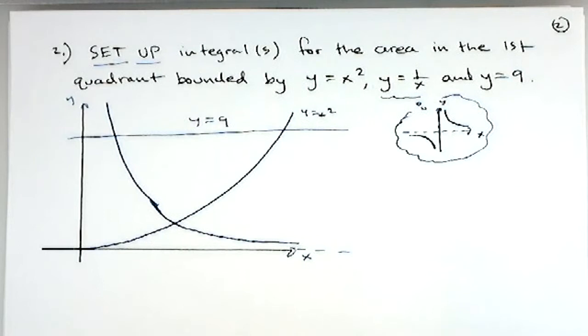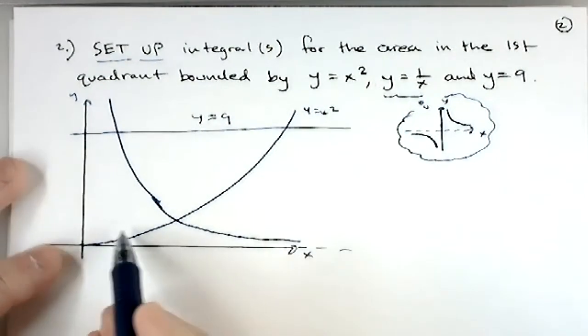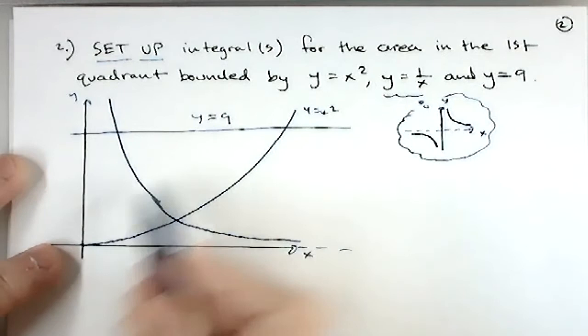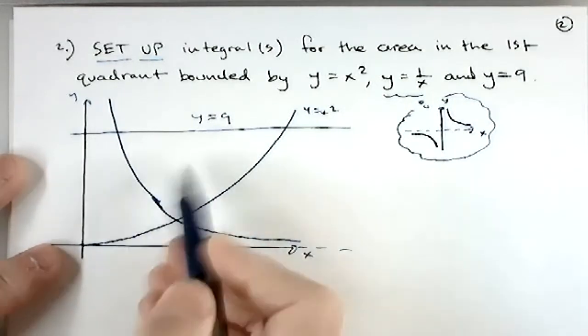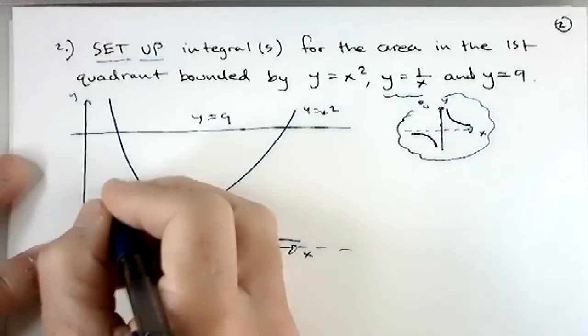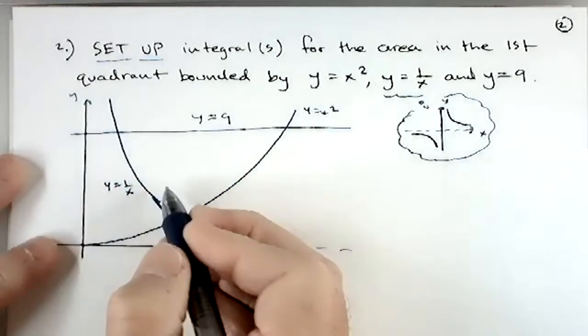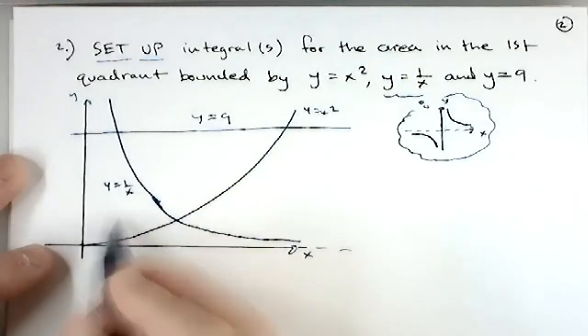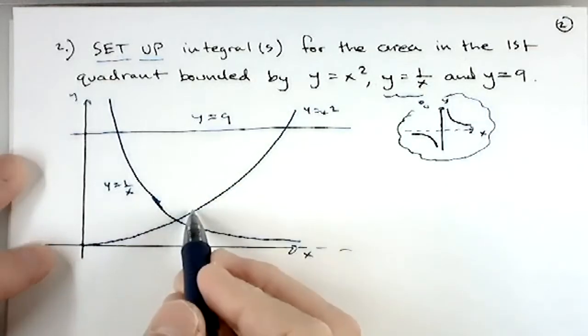And admittedly, sometimes when they describe an area, it can be a little bit ambiguous. To me, the top choices for what is the area bounded by these three graphs would be, because this is the graph of y equals 1 over x right here, this region right here and this region right here as possibilities.